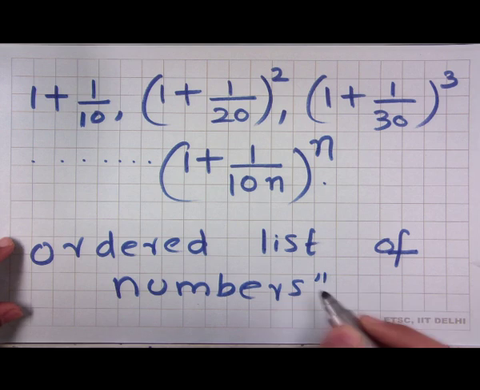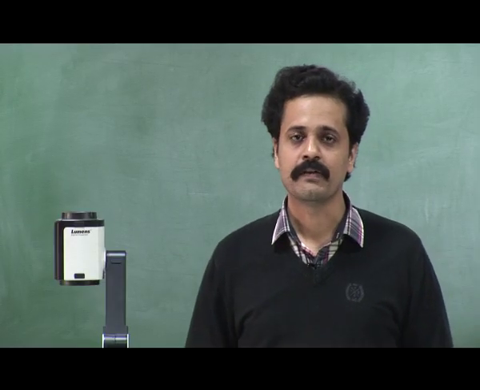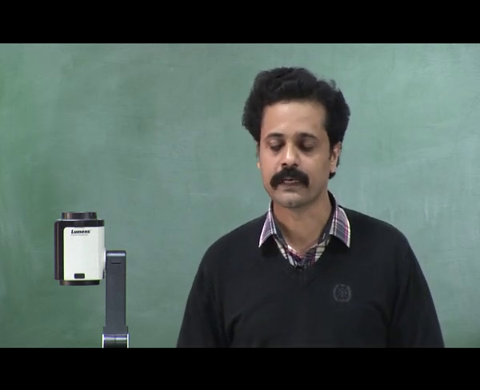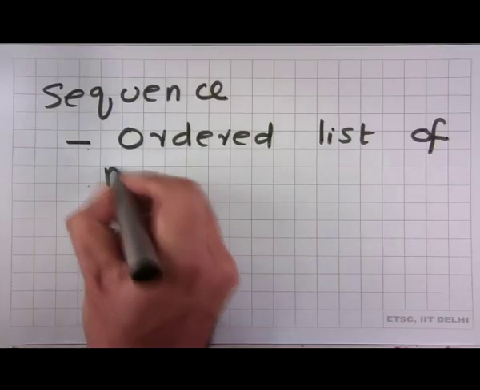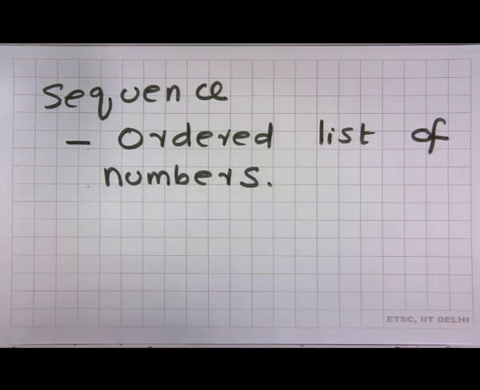Do you see it? In all these examples, in one way or the other, we deal with an ordered list of numbers. A sequence, informally, is an ordered list of numbers.